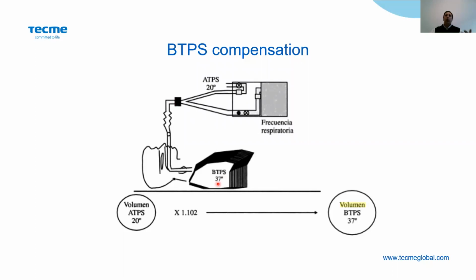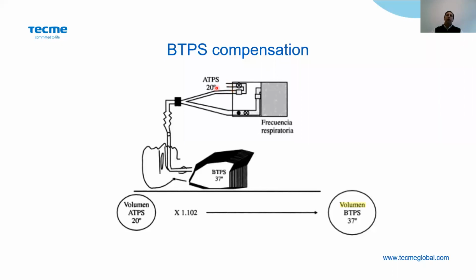In order to avoid giving an extra tidal volume that we don't want, the machine is going to do a BTPS compensation. So the machine, knowing that the temperature at the inspiratory limb is 20 degrees centigrade, is going to do a compensation in order to deliver a lower tidal volume than the one that we have set. For example, if we set 400 milliliters, the machine is going to deliver around 360 milliliters.